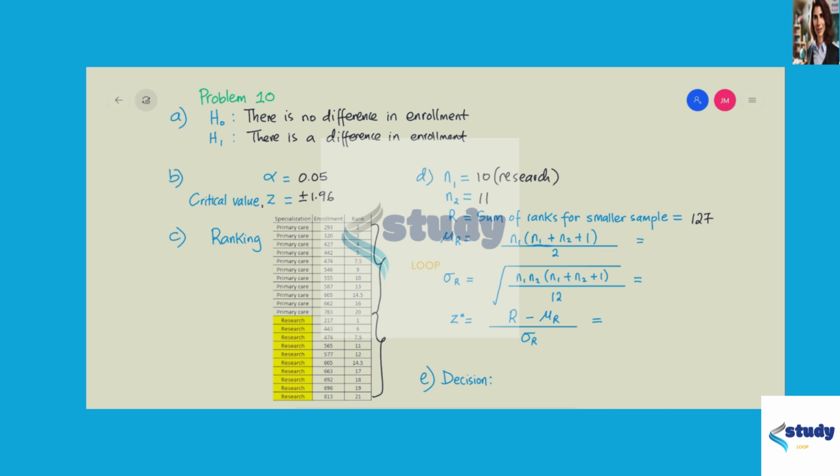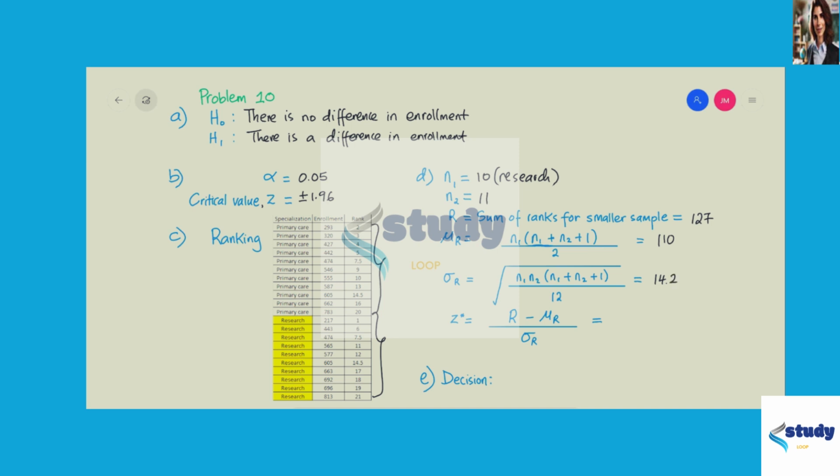Mu R is obtained by substituting the values of n1 and n2 into the formula, and when we solve we get that mu R is 110. Next, we work out sigma R, which is obtained by substituting the values of n1 and n2 into the formula and solving, and the value of sigma R is 14.2.